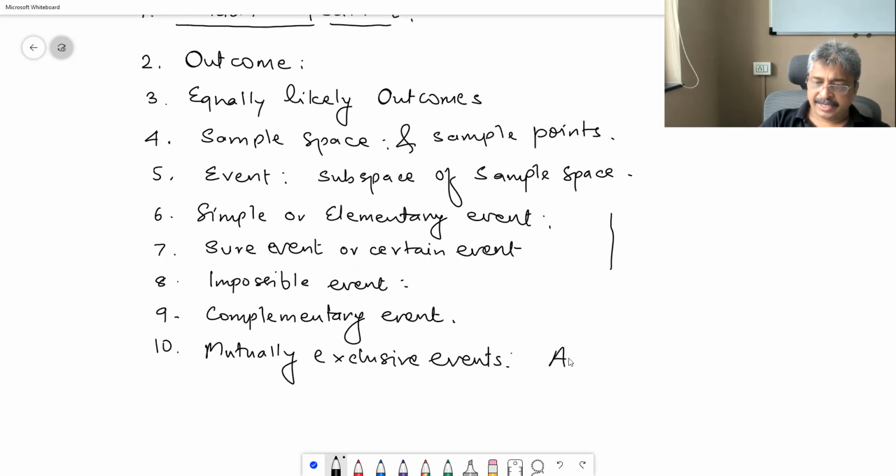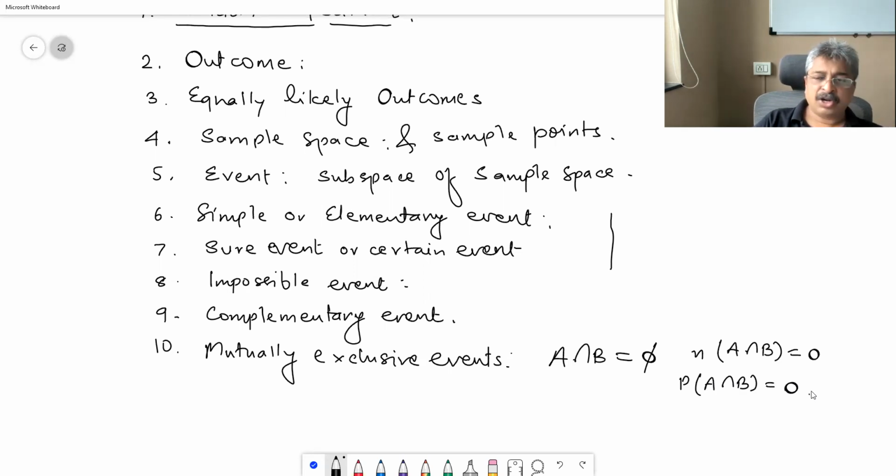Therefore, A intersection B is empty. The number of points in A intersection B is equal to 0, and therefore the probability of A intersection B is also equal to 0. Such events are called mutually exclusive events. They are not interfering with each other.